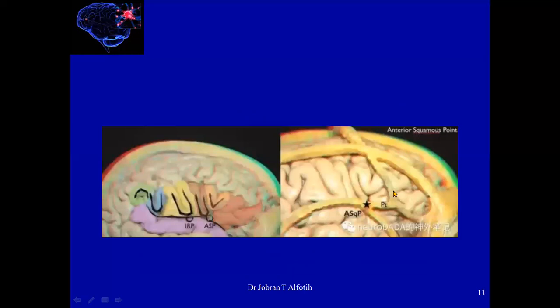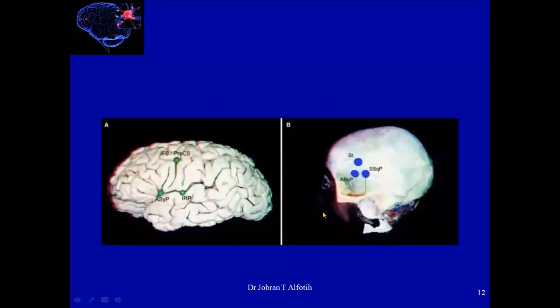As you can see here, here's the pterion, here's the sphenoparietal suture, and here is the squamous suture. The meeting point is called the anterior squamous point. Here we see the anterior squamous point, and here is the asterion. Here is the superior squamous point, which we'll talk about later.